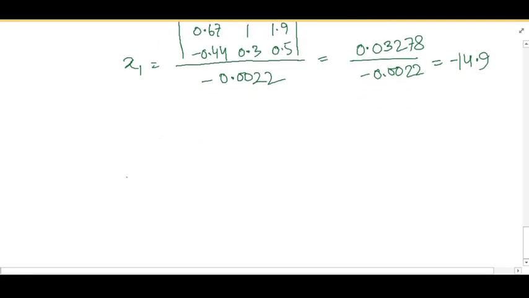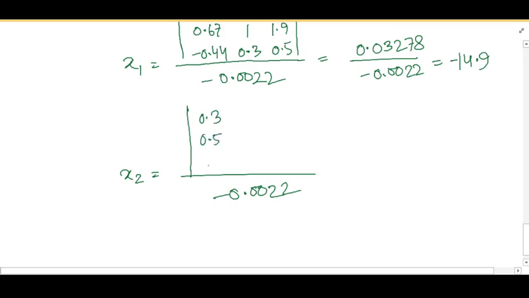So how to calculate the value of x2? In a similar way we can calculate this. We'll only be replacing the coefficients of x2, and all other values will be the same. This will be replaced with the value of constants, 1, 1.9, and 0.5.